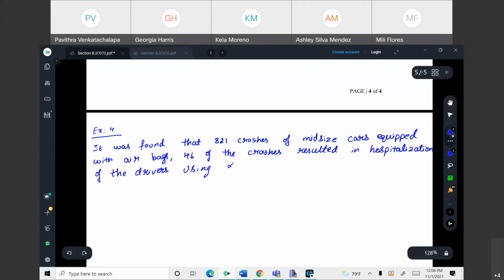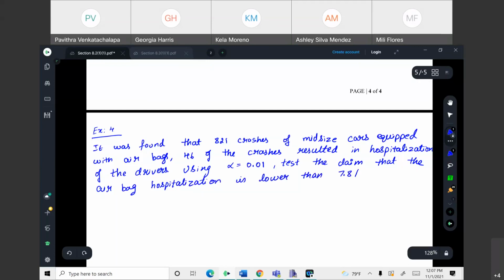Using significance level alpha equal to 0.01, you have to test the claim that the airbag hospitalization rate is lower than 7.8% rate for cars with automated safety.